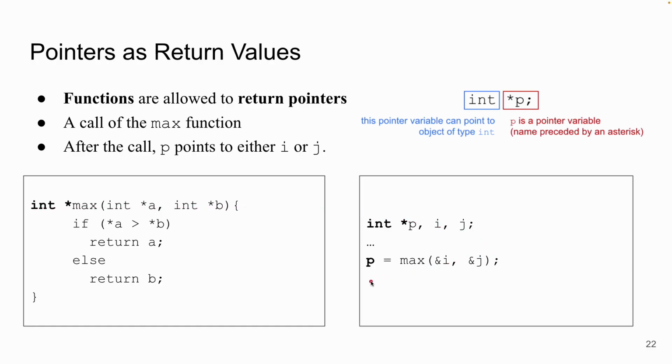So we need to use an integer pointer variable to store the return value of the max function. After this code, the return value will be the address of i or the address of j. And if we assign the address of i or address of j to p, it means that p points to either variable i or variable j.